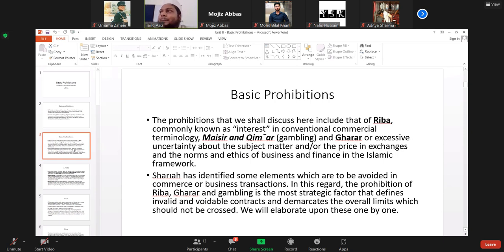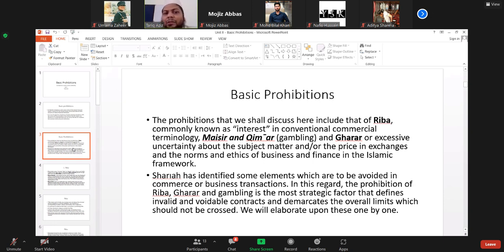If I say that I'm selling you this bird that is flying in the sky, how can I sell a bird that is not under my control? I cannot deliver that bird to you. Since delivery is not possible unless I own it and am able to deliver that product, how can I sell something which I cannot deliver to you? This kind of transaction introduces a lot of uncertainty.